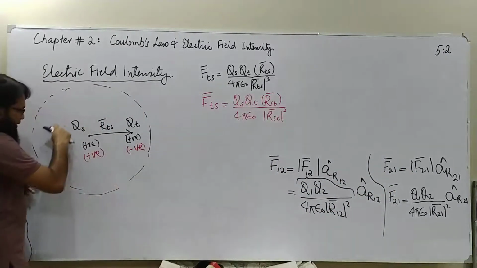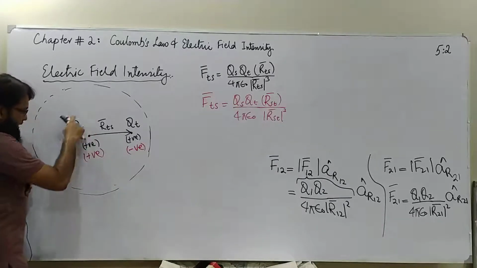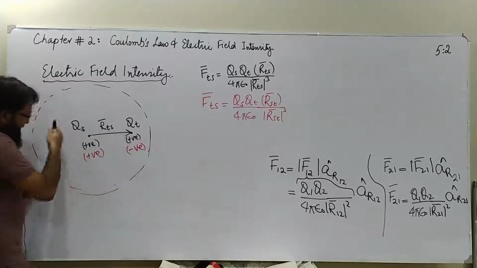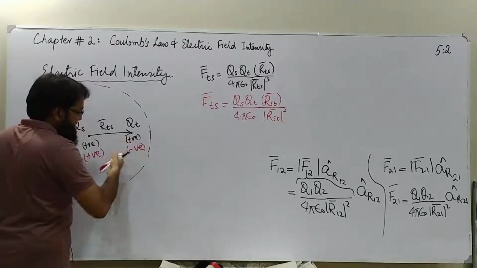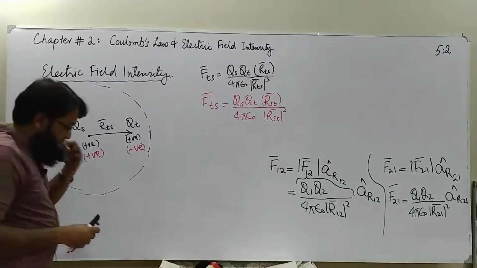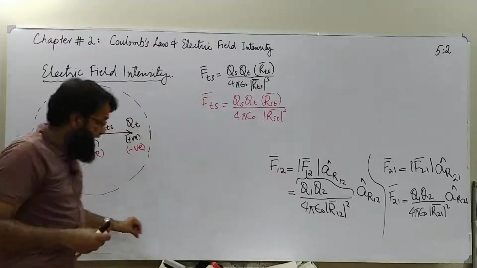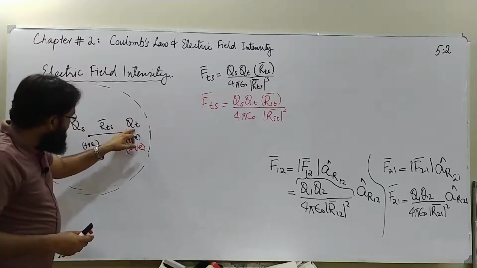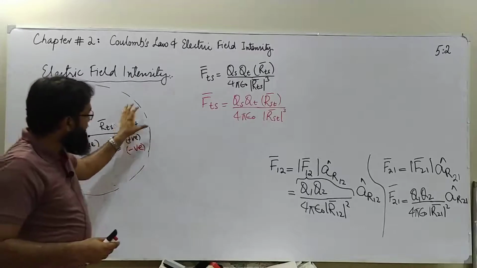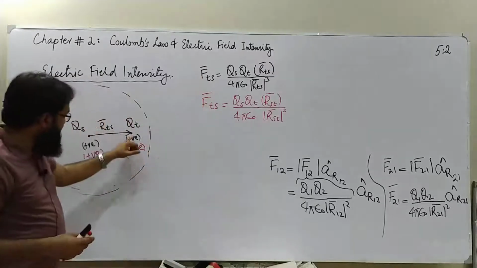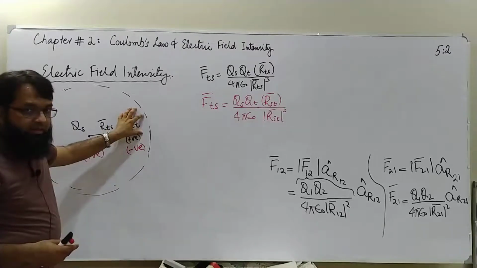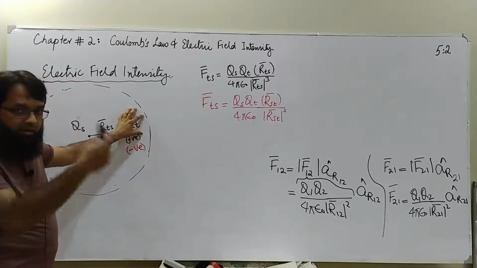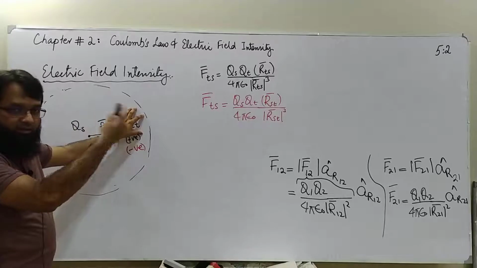Similarly, if I'm talking about the characteristics of this Q_S, those characteristics should not depend on the test charge. So it means that this test charge has to be removed from this formula somehow. Try to relate it to the gravitational example.